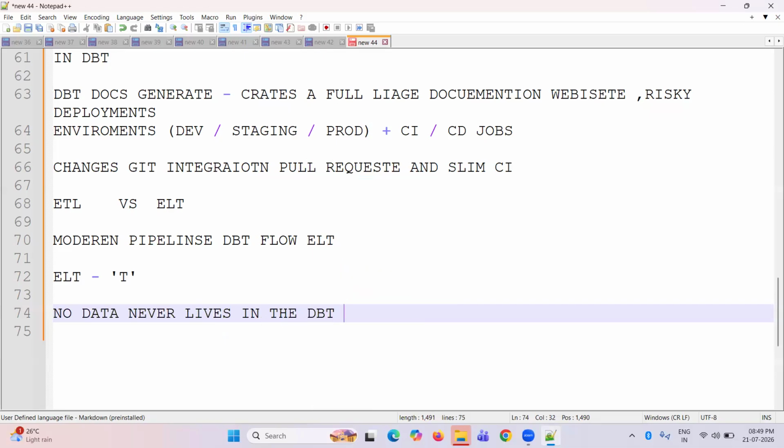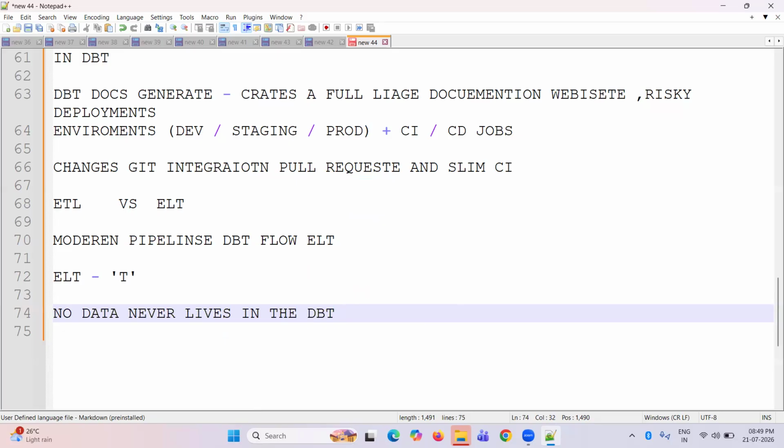Remember this point, this is an interview question they are going to ask. The last one they will ask is about ELT: why ELT if it's only transformation? We need to say it's not only transformation, it also does extract and load using seeds, only CSV files, not JSON files.